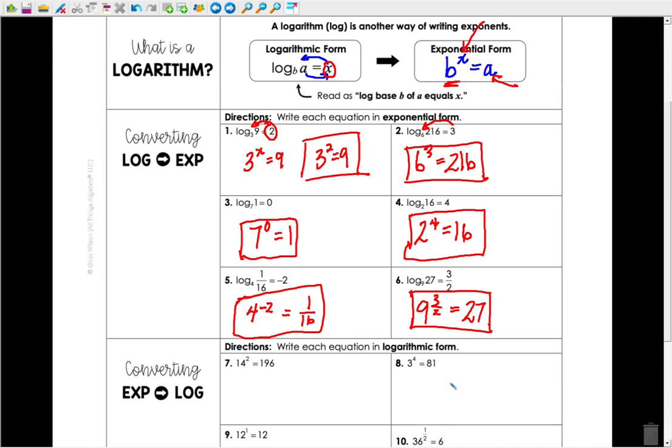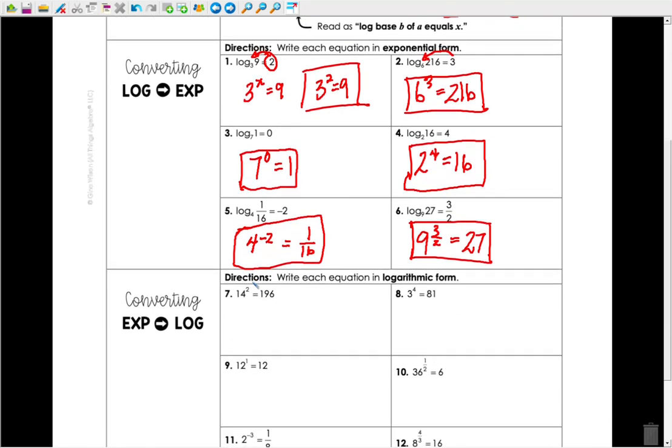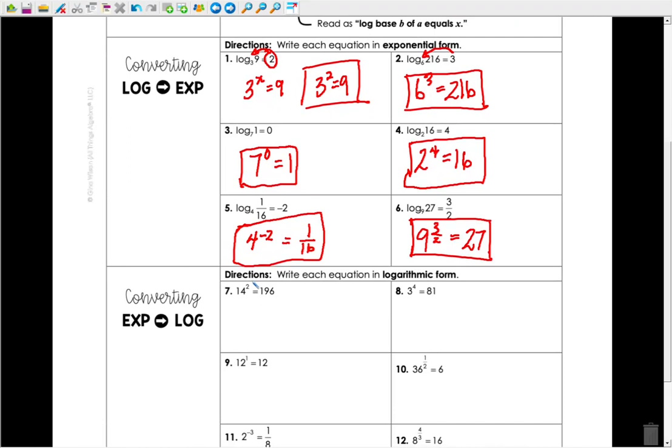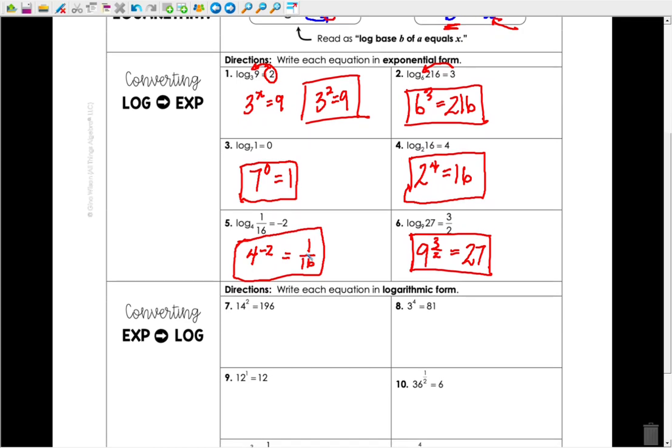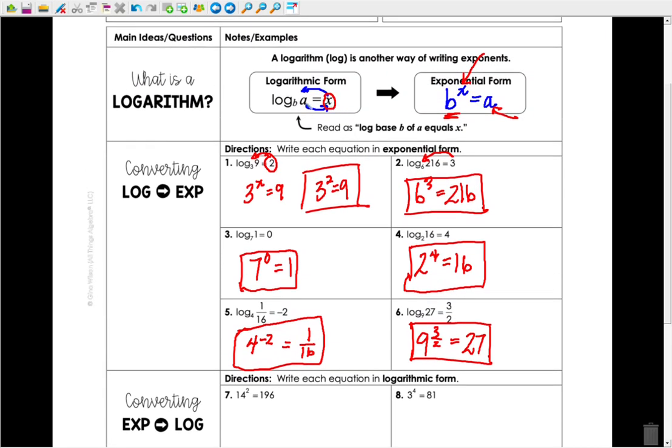If I were going from an exponential form back to logarithmic form, this is where I'm going to state the base of the number and what it equals. If you recall, the way we went from logarithmic to exponential is that we kept our base as the larger number and moved the value on this side to be our exponent, set equal to our answer.